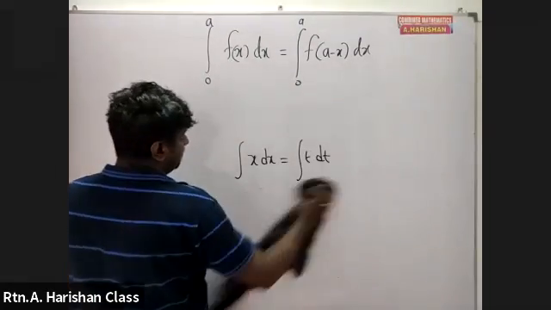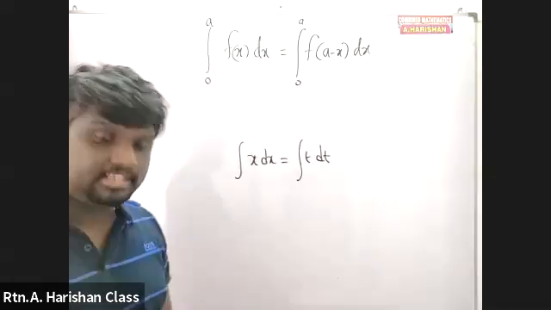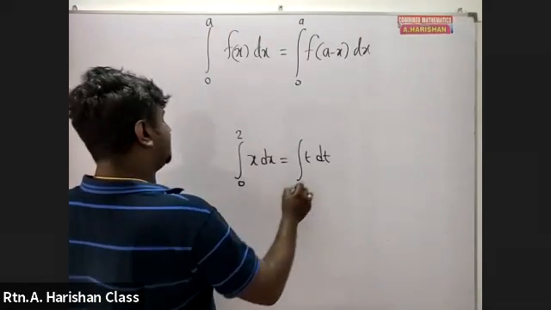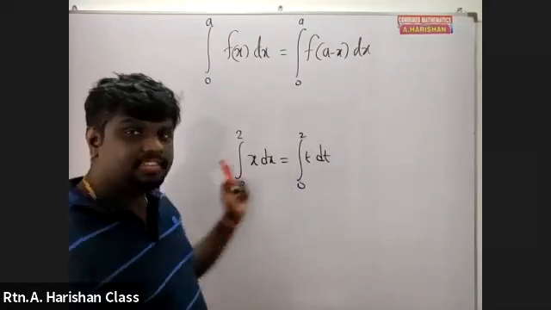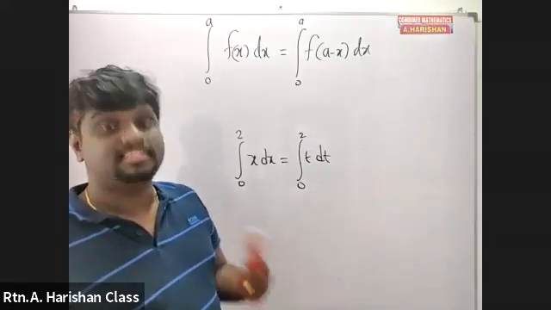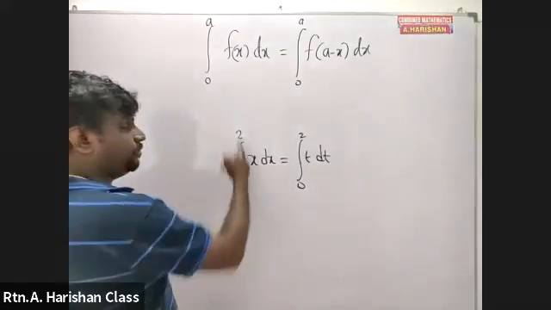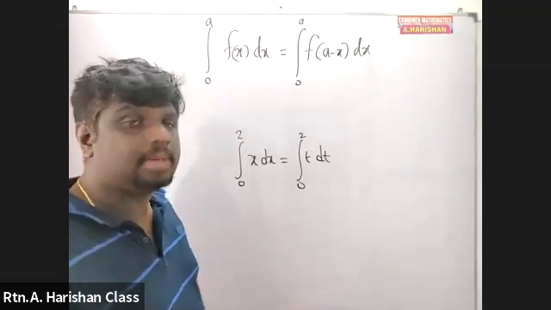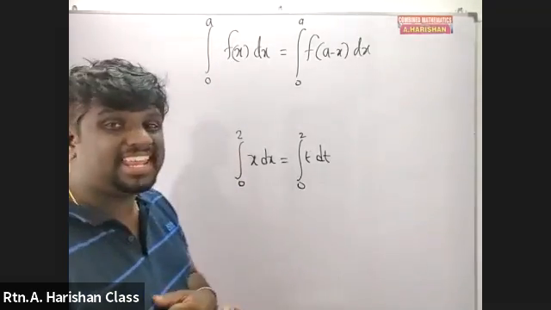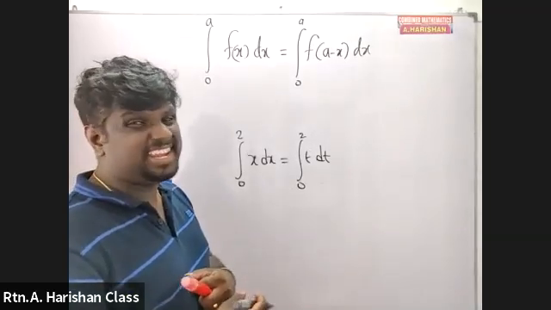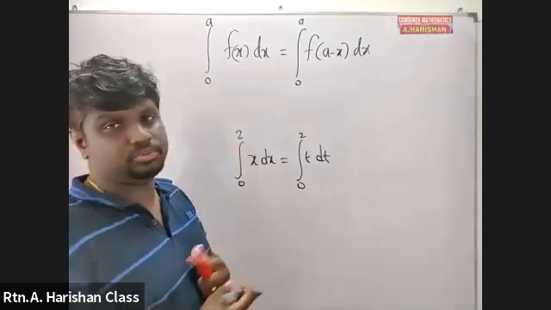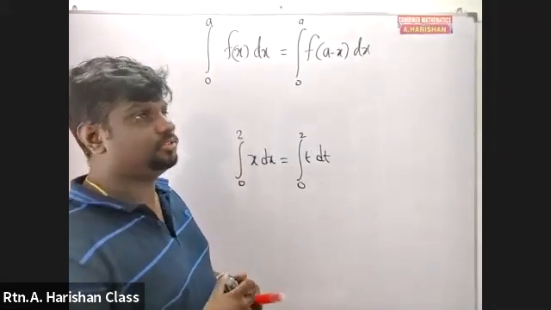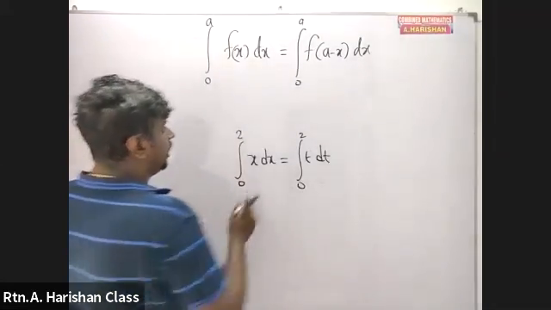But if you put the limits, say 0 to 2, then will it be equal? The answer is yes. Why? If you put 0 to 2, the answer will not be in x. The answer will be a number, what we call a finite value.